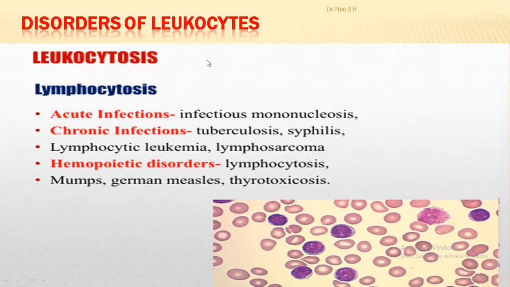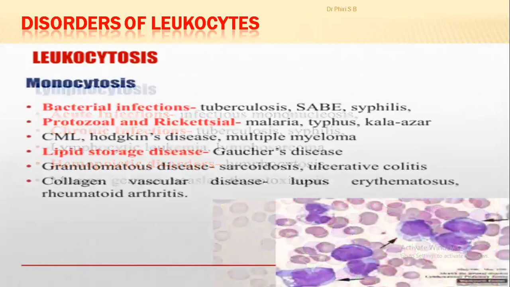All these diseases can result in an increase in lymphocytes. Then you can also have hemopoietic disorders like lymphocytosis, mumps, German measles, and thyrotoxicosis. All these result in an increase in lymphocytes because they are infectious diseases or chronic infectious diseases in general.